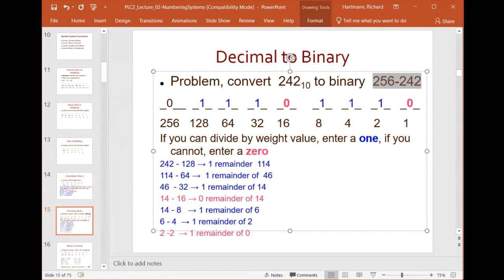If I subtract 242 off of 256, oops, I'm sorry, I did it backwards. 242 minus 256. I'm always subtracting the number in the bottom here. So I'm going to take my starting value, which is 242, minus 256.